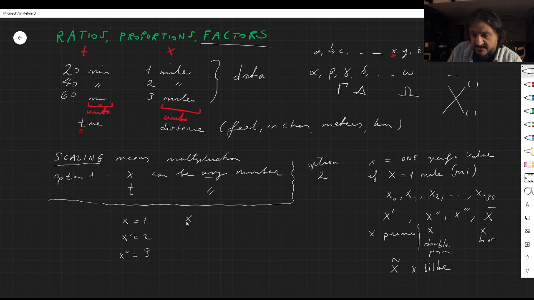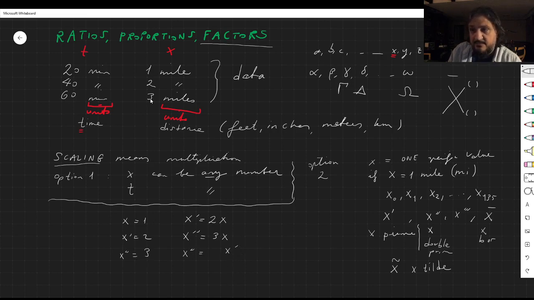So instead of saying X prime is equal to 2X, or instead of saying X double prime is equal to 3X, okay, I can keep going like this. If I want to write X double prime in terms of X prime, I could do it again, right?